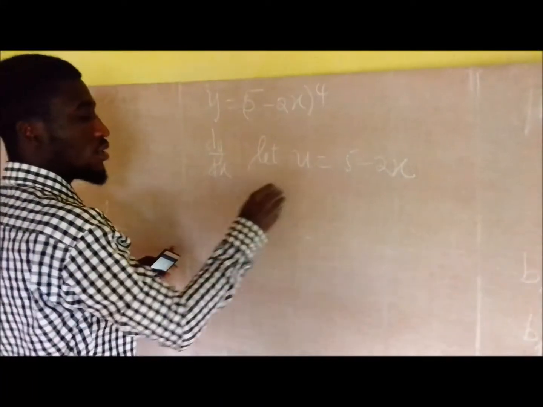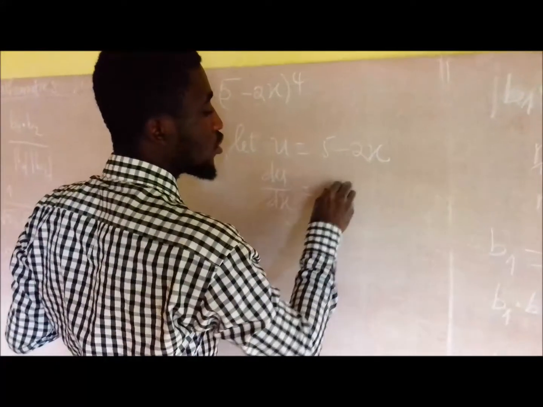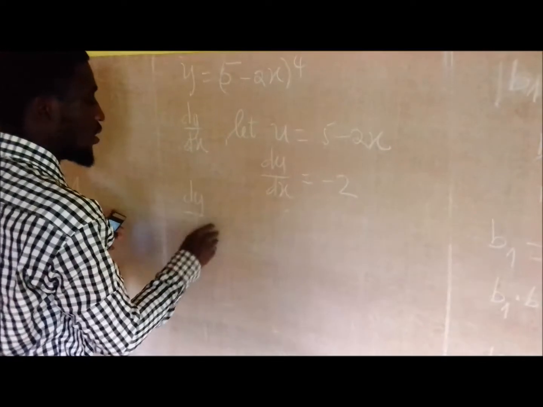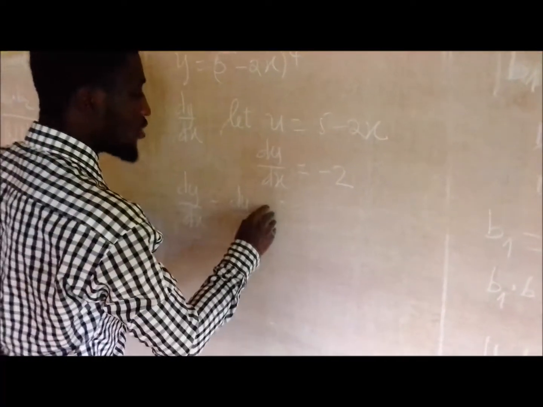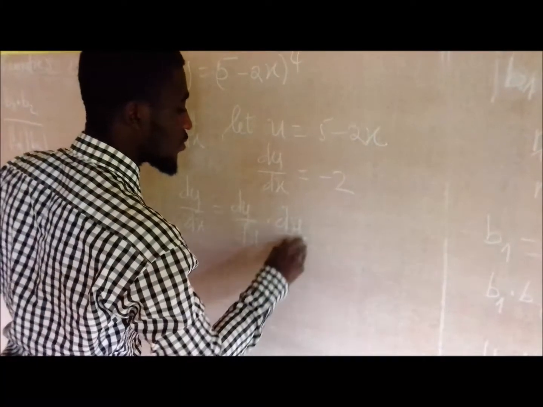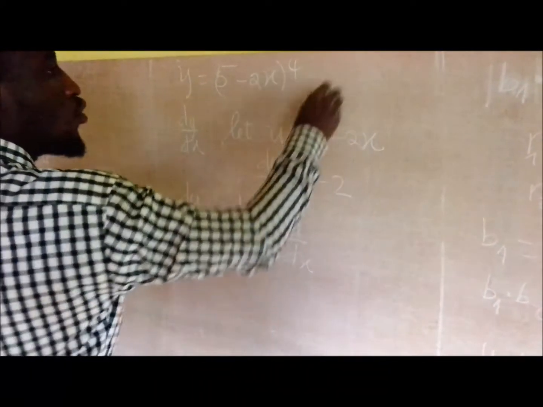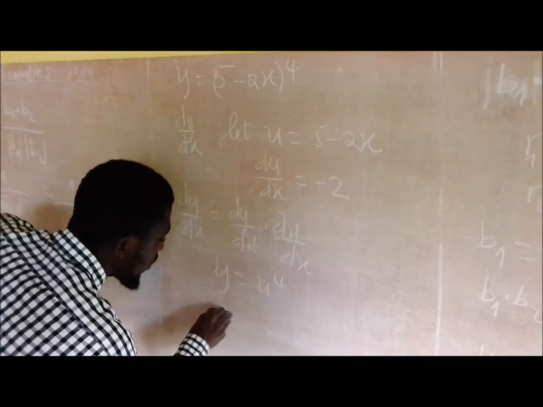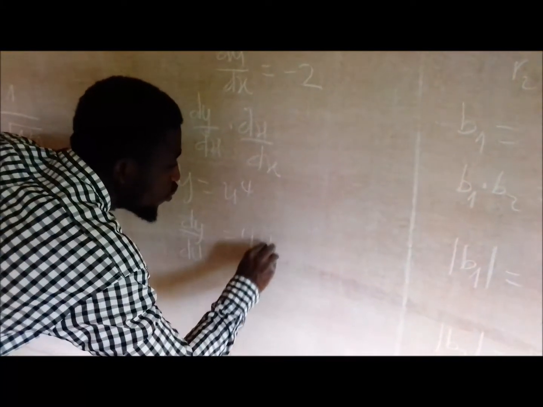Let u be equal to 5 minus 2x, and therefore to get du by dx is simple. It's going to give us negative 2. And also we know that dy by dx is equal to dy by du times du by dx. It therefore means that y is equal to u to the power 4, and if you get dy by du, it gives us 4u cubed.